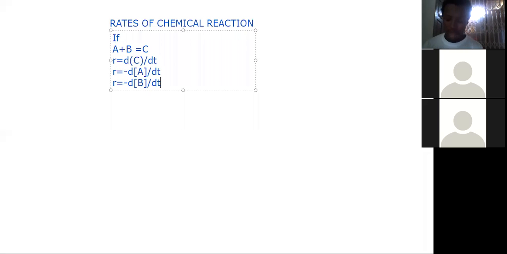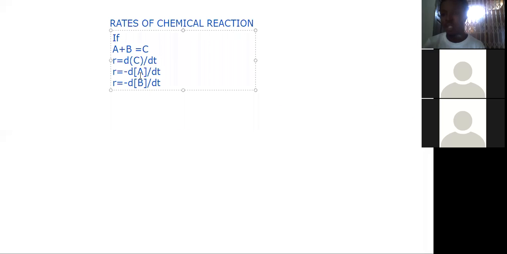So the rate of reaction with respect to C would have to be positive, because it appears. This one disappears to form C. We can say this here is consumed, and here is produced. So any of the reactants, when we are doing it, we give it negative. The negative only shows that there's a loss, or it is consumed.